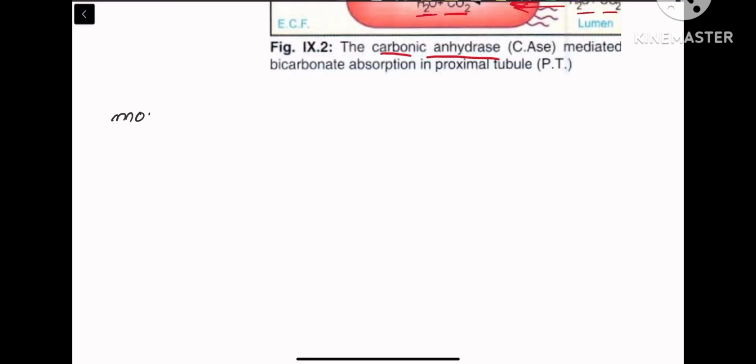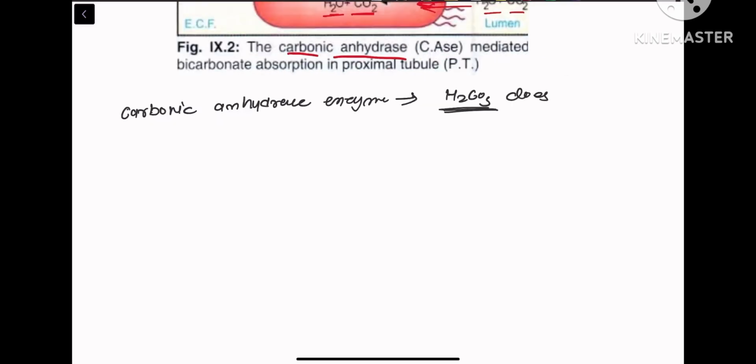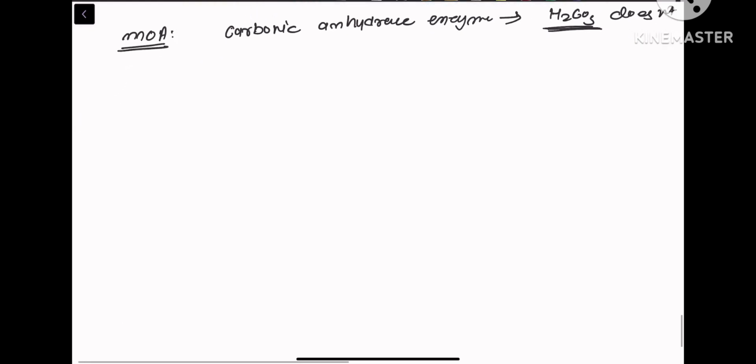Okay. Mechanism of action: it inhibits the carbonic anhydrase enzyme. So carbonic acid doesn't form. Okay. Then what are the pharmacological actions?